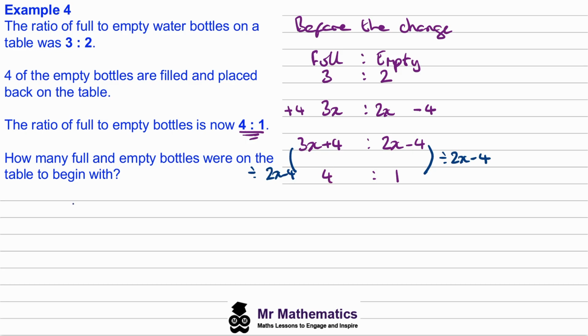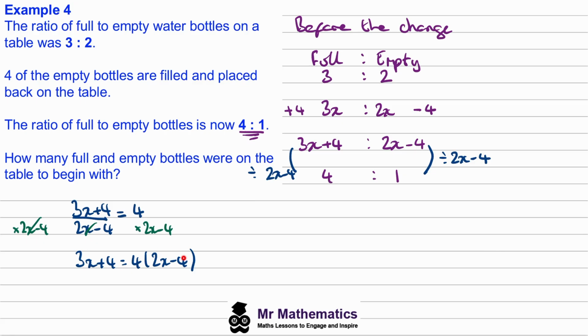So the equation, 3x plus 4 divided by 2x minus 4 must be equal to 4. We'll multiply both sides by the 2x minus 4. These will cancel. So we'll get 3x plus 4 will be 4 lots of 2x minus 4.